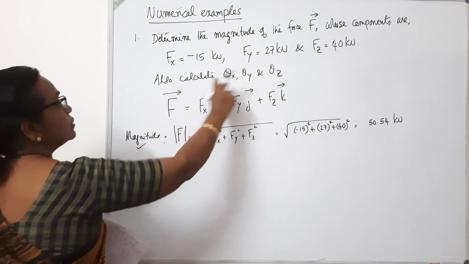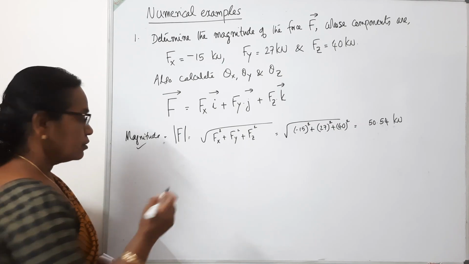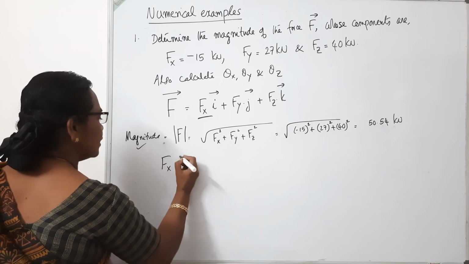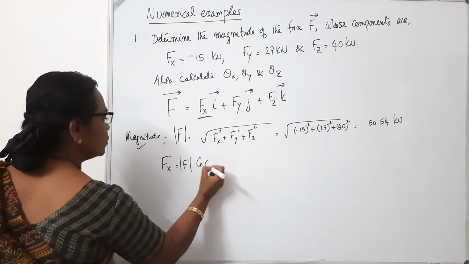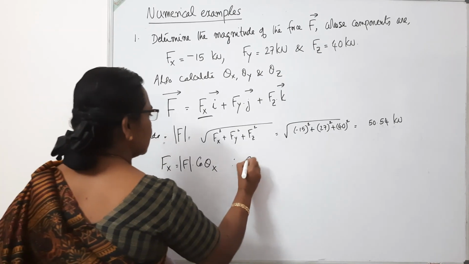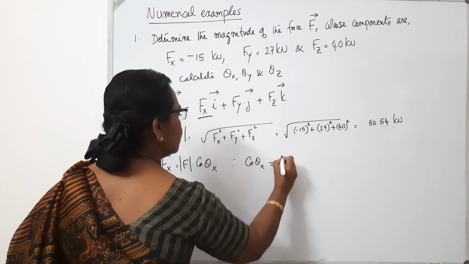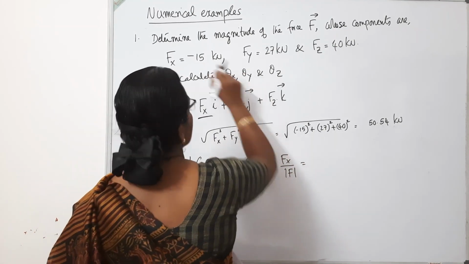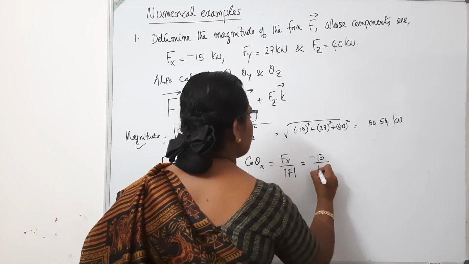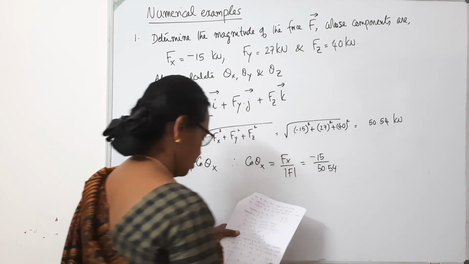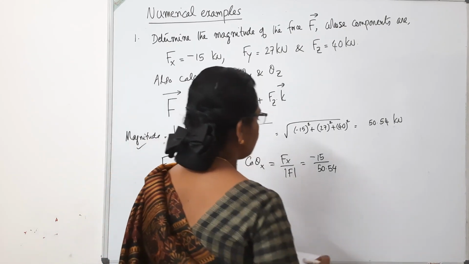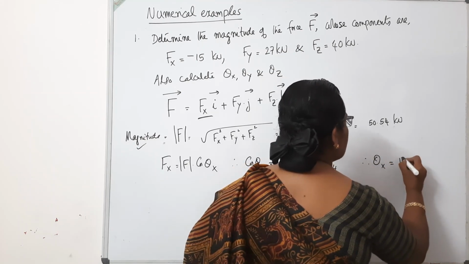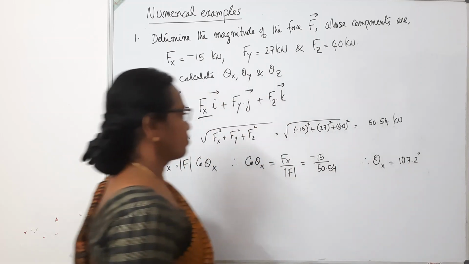Now you are asked to find the directions theta x, theta y, theta z. How do you find theta x? We know Fx is the magnitude of the force into cos theta x. Therefore, cos theta x is equal to Fx by the magnitude of F, that is, minus 15 divided by 50.54. From that we get theta x equal to 107.2 degrees.